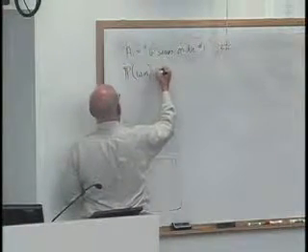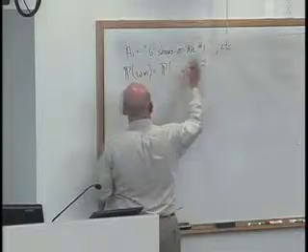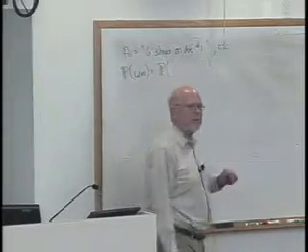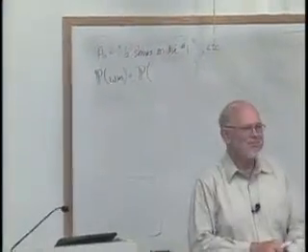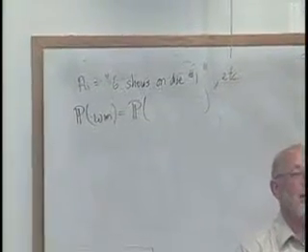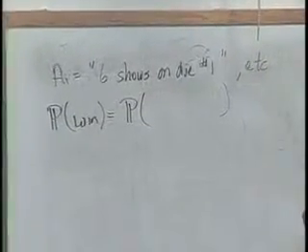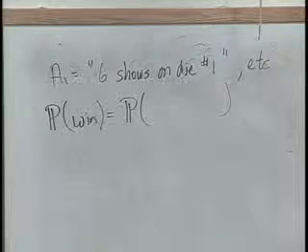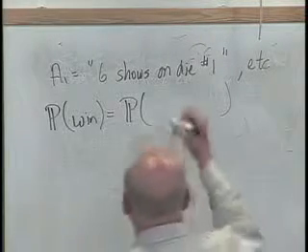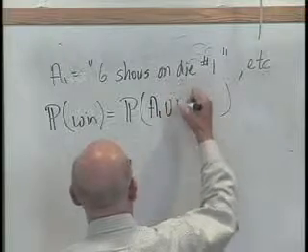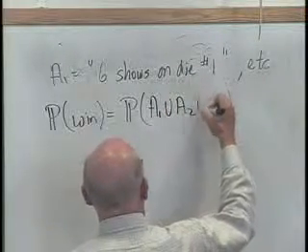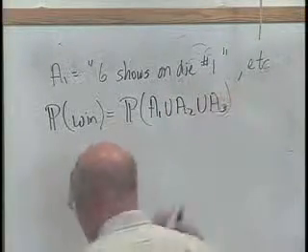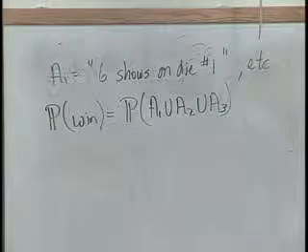The probability that I will win the game is therefore the probability of what event? A1 or A2 or A3. A1 union A2 union A3. Saying or is okay, but union is the standard event terminology. So if the event A1 union A2 union A3 occurs, then I win the game.